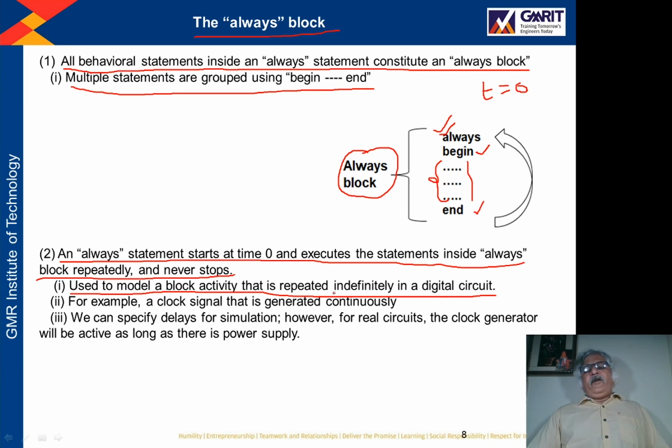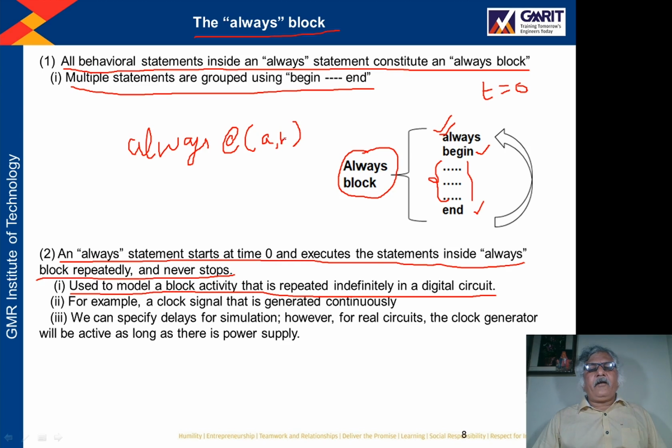We have already written some Verilog code using an always block like this: always @ then the sensitivity list, something like A or B. And then we have written these statements.